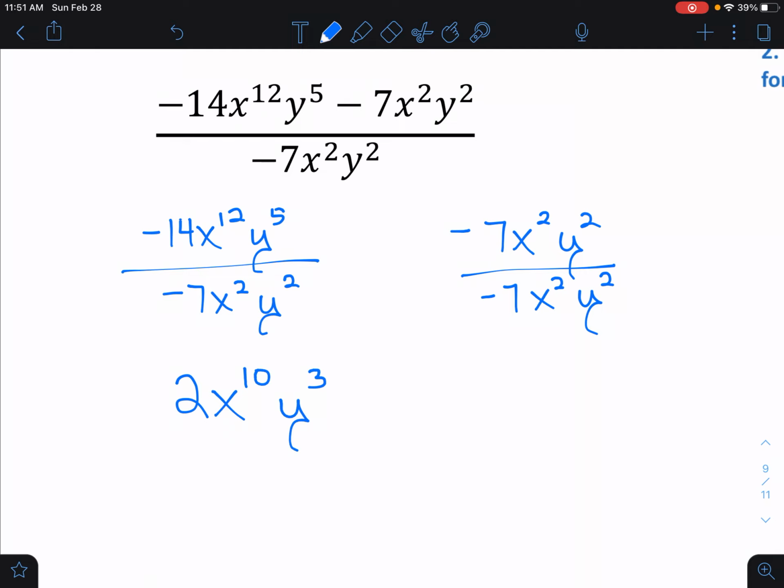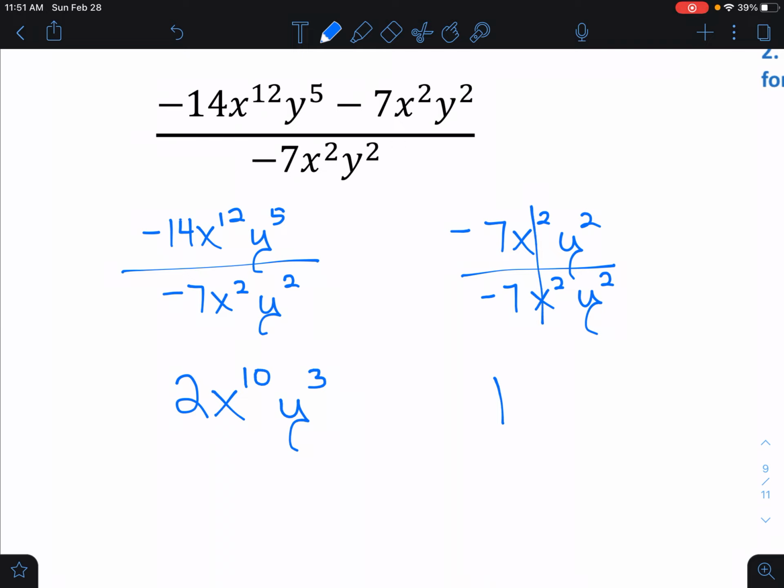Now we're going to come over here. Negative 7 divided by negative 7 is 1. X to the 2nd divided by x to the 2nd is x to the 0, or 1, right?